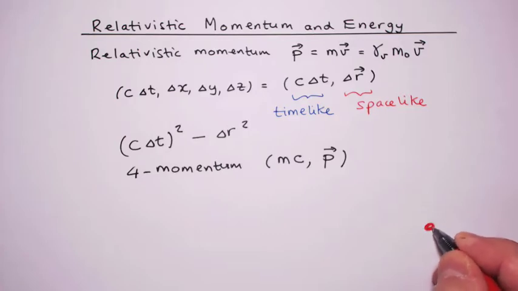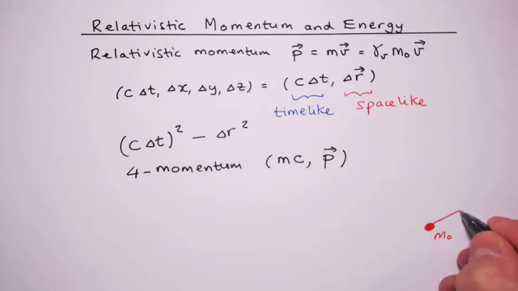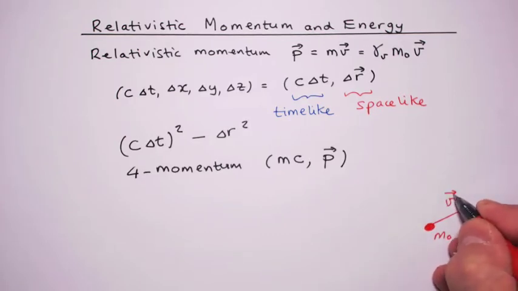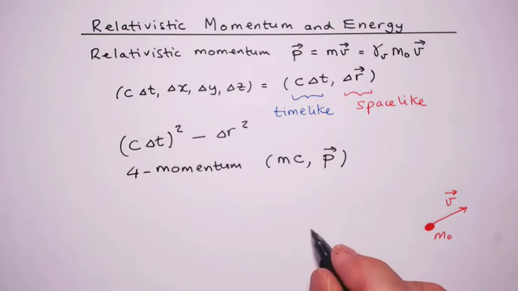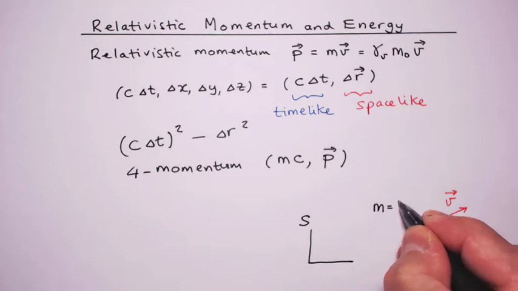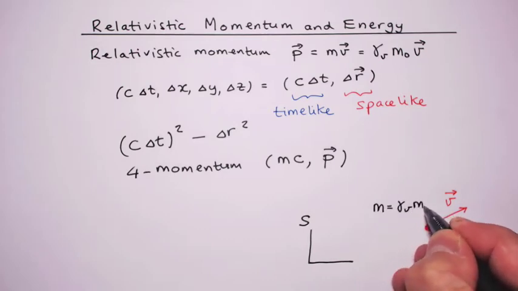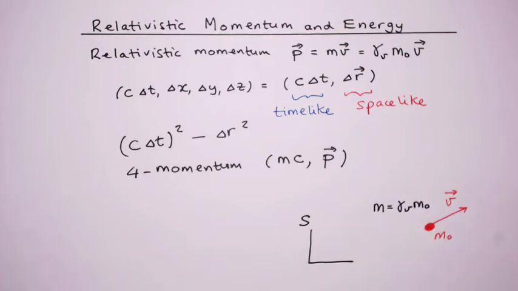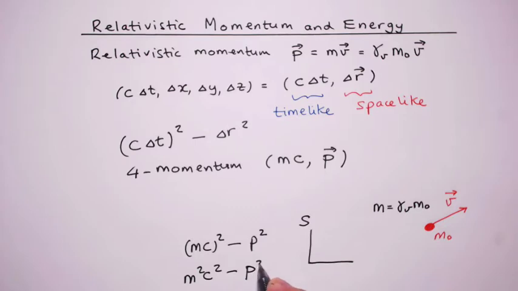Consider a particle of rest mass m0 moving with velocity v in frame S, where v is not necessarily in the x direction. In frame S, the particle has mass m = γ(v) m0. Just as the spacetime displacement 4-vector has an invariant interval, so does the 4-momentum, calculated in the same way by squaring the time-like part and subtracting from it the squared magnitude of the space-like part.